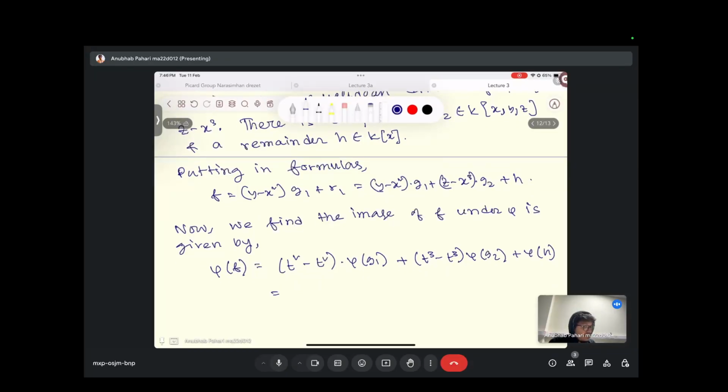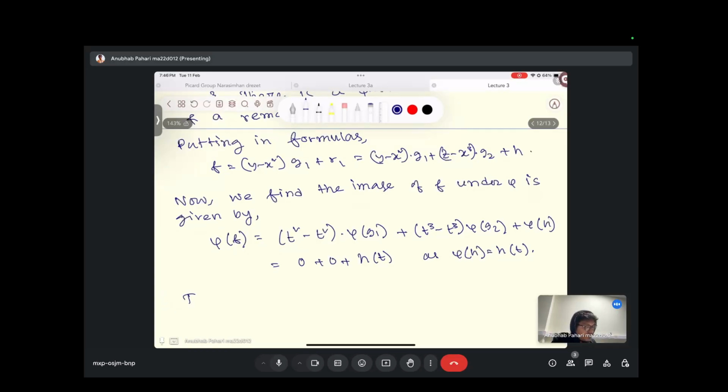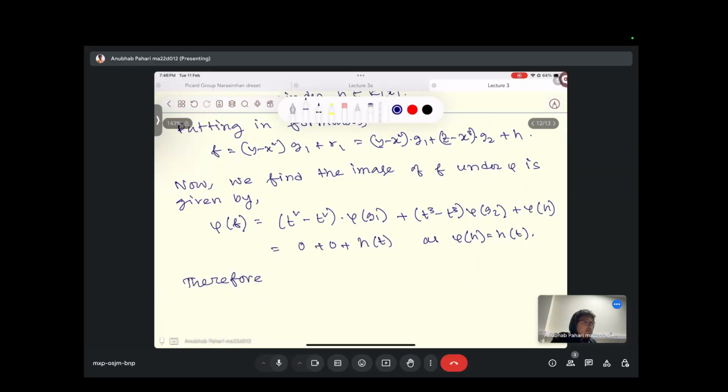Now these are all 0, 0 plus 0, and as phi of h is h of t, therefore phi of f equals 0 is equivalent to h equals 0.